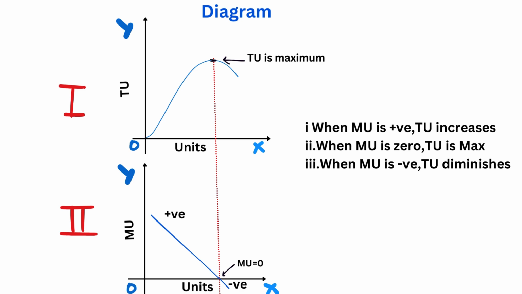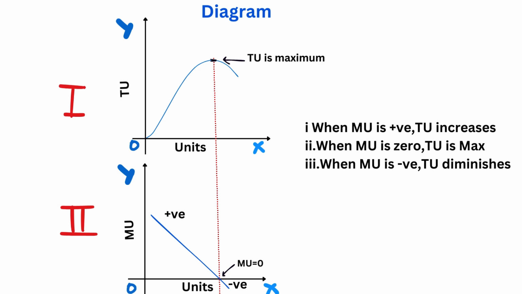On the first diagram, you will take TU on the y-axis and units on the x-axis. And on the second diagram, you will take MU on the y-axis and units on the x-axis. After forming the diagram and naming it, you will explain it again.